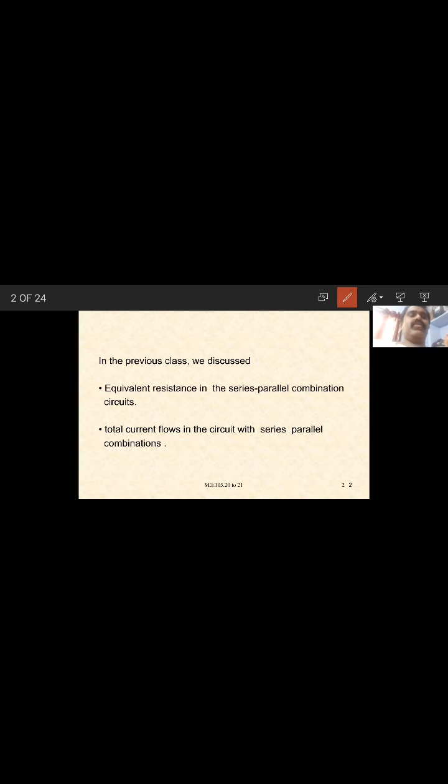The equivalent or total resistance in a parallel combination is 1 by R is equal to 1 by R1 plus 1 by R2 plus 1 by R3.